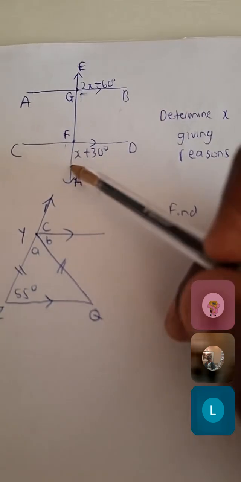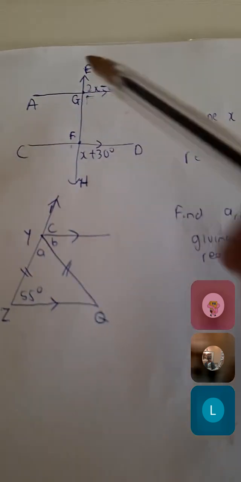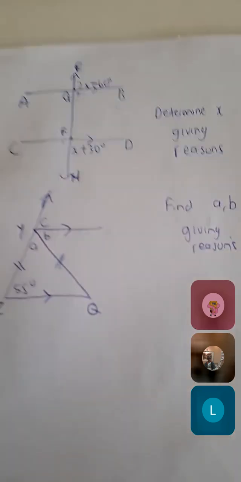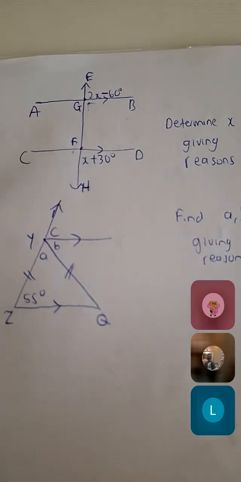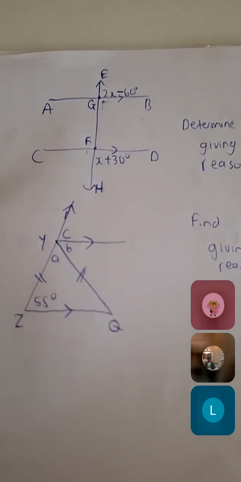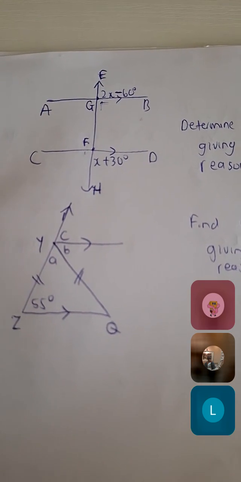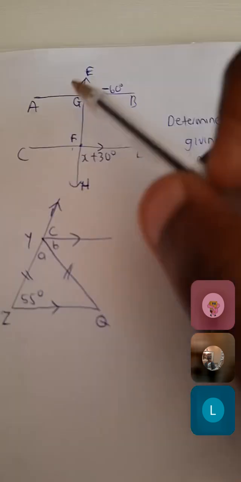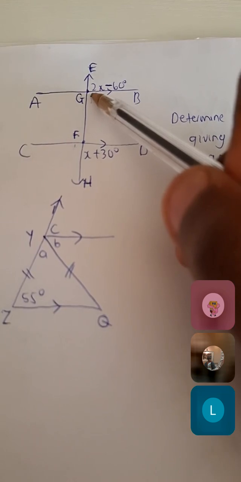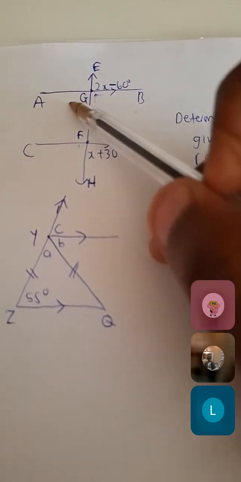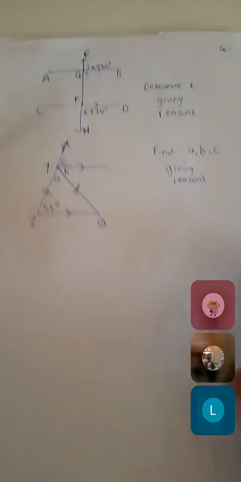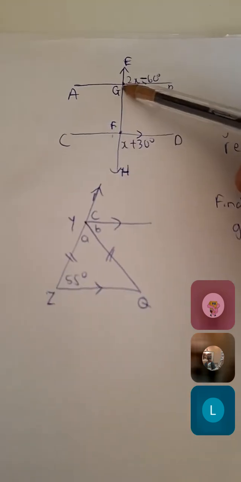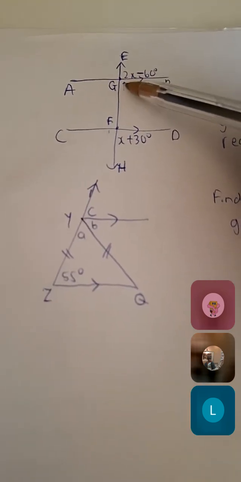So the question is, how do we find the value of x? How do we solve for x in this particular question? Any idea? I said G is equal to 2x minus 60, vertical opposite angles. So you said this is equal to 2x minus 60 degrees. Okay, now just bear with me here.